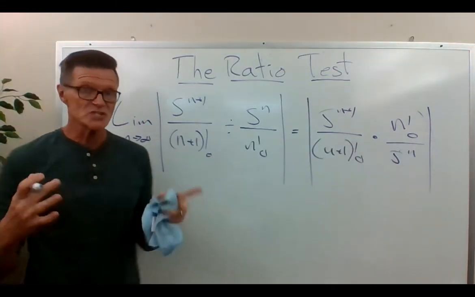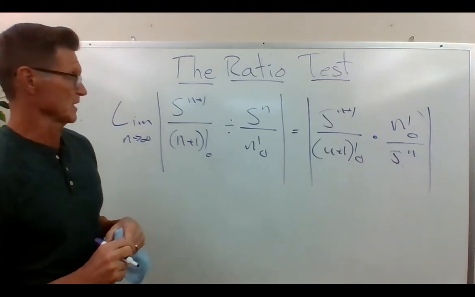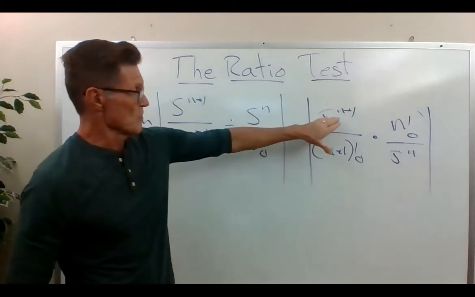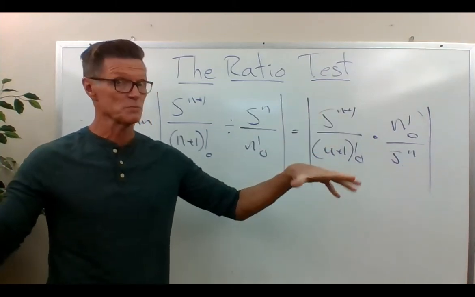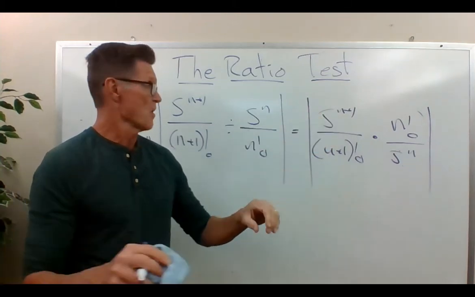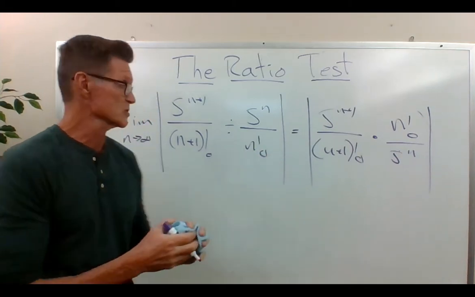All right, now this is the fun part. This is where we actually do some algebraic manipulating. Remembering our exponent rules from algebra, when we multiply two bases that are the same, we add the exponents.